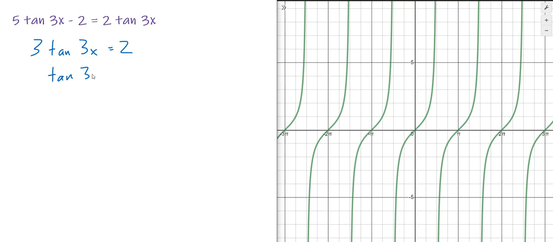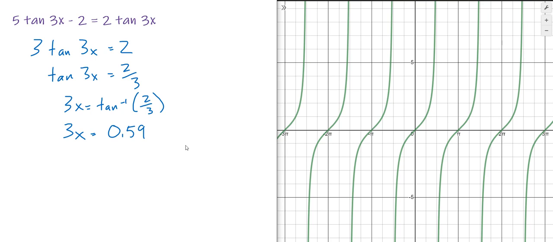Tan of 3x then, if I divide through by 3, is going to be 2/3. So I'm going to get 3x is going to be equal to the tan inverse of 2/3.